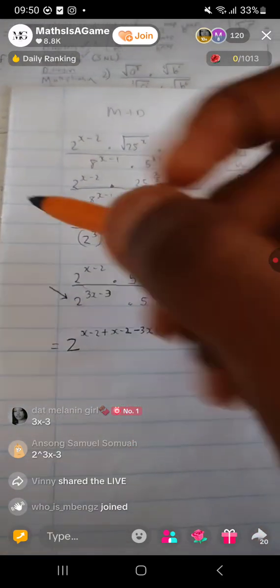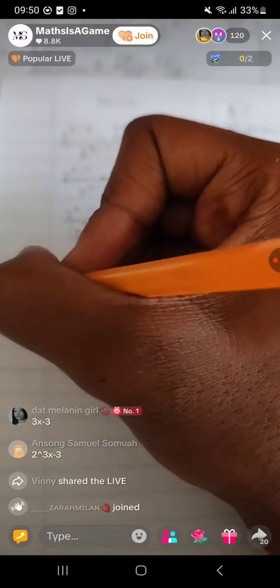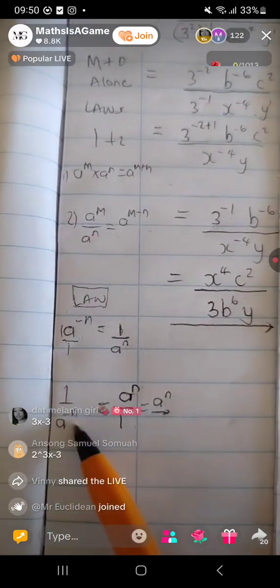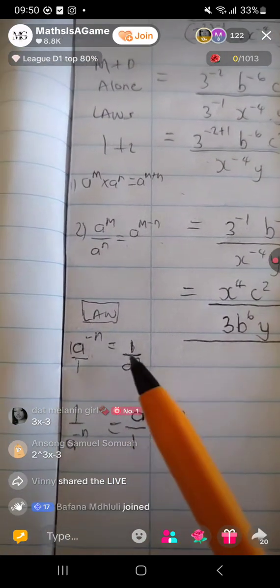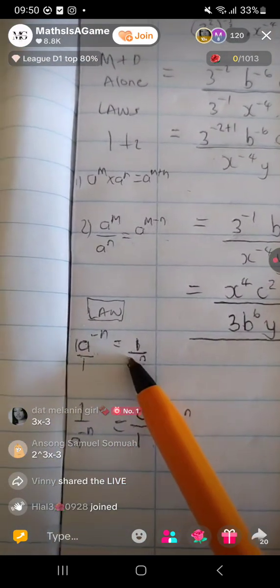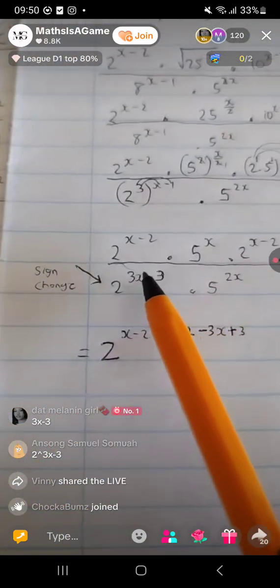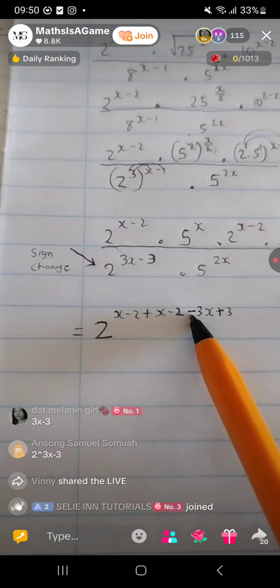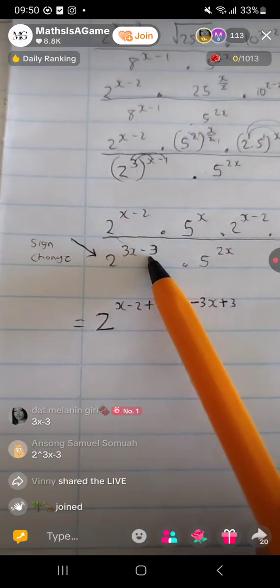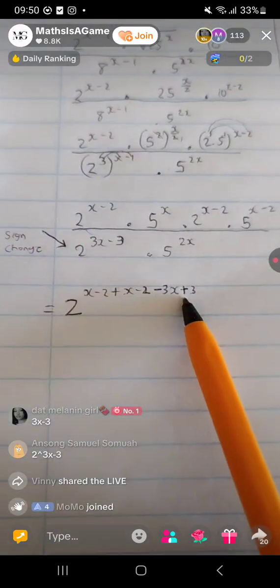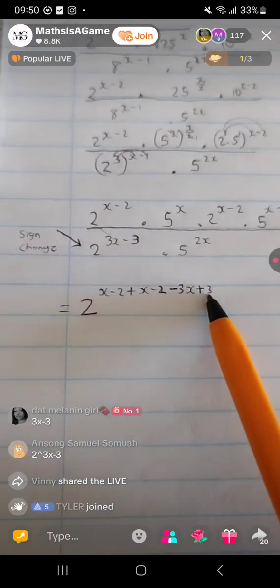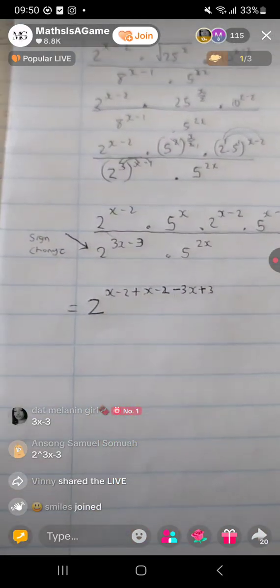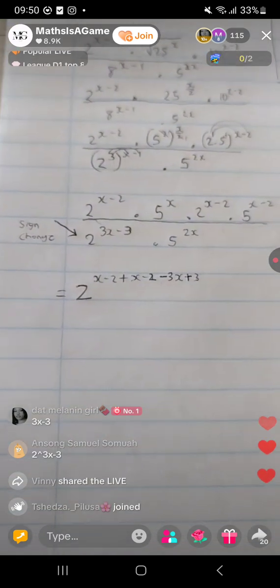The sign change, because this is a direct application of these two. All right, the sign 3x, negative 3x. The sign of negative 3, positive 3. This is me just collecting everyone for base 2, so that I deal with base 2, done, did, finished.